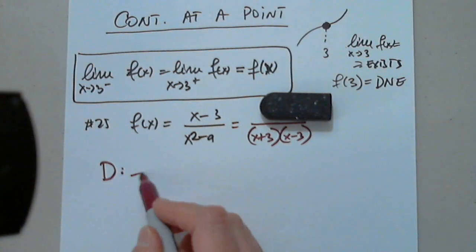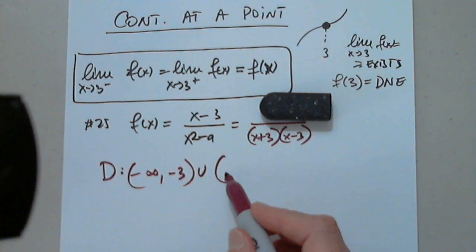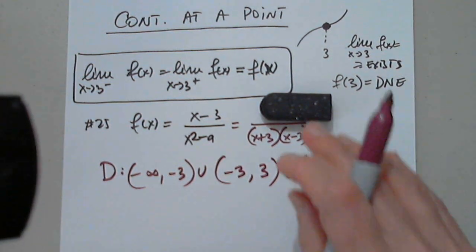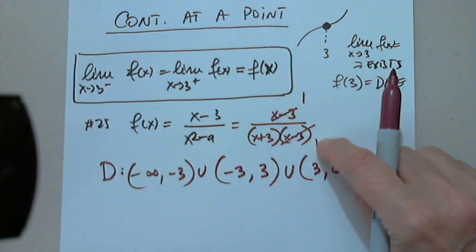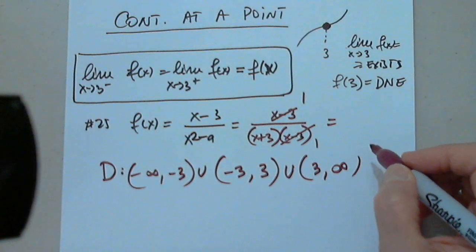It would be negative infinity to negative 3, and negative 3 to positive 3. Excellent. And then positive 3 to infinity. Perfect.